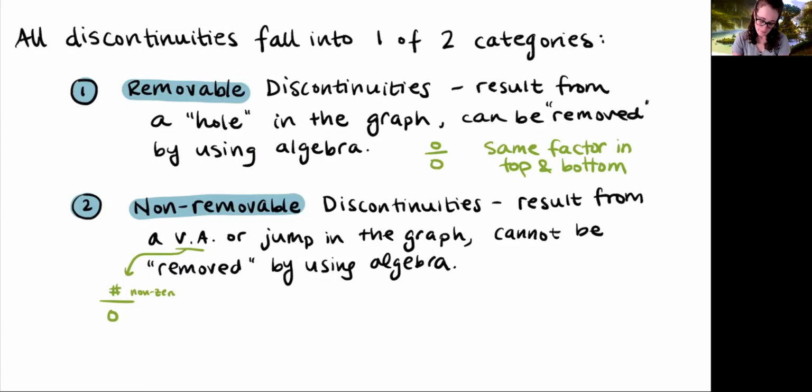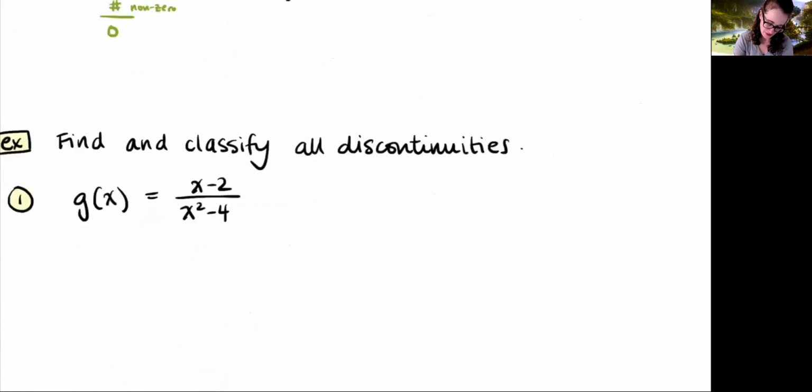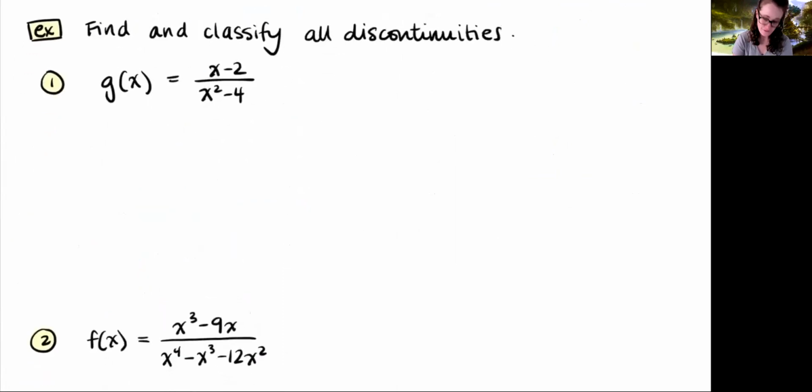So let's take a look at some examples of finding and classifying all discontinuities. I just have two examples here. The first one is g of x equals x minus 2 over x squared minus 4. Now, when we're finding discontinuities with a rational function, those are going to occur when the denominator is equal to 0.